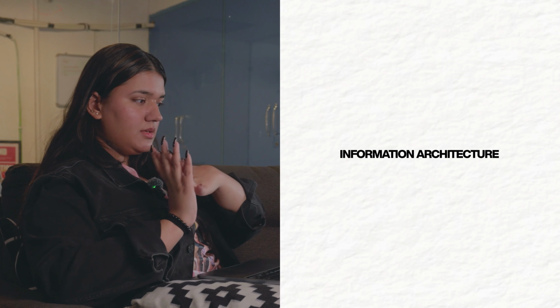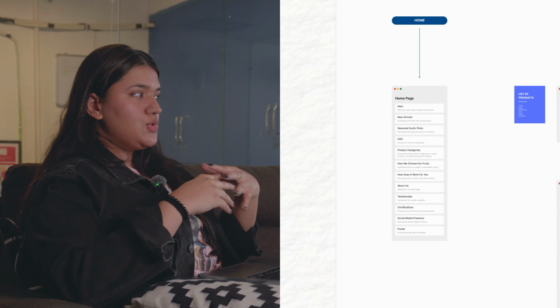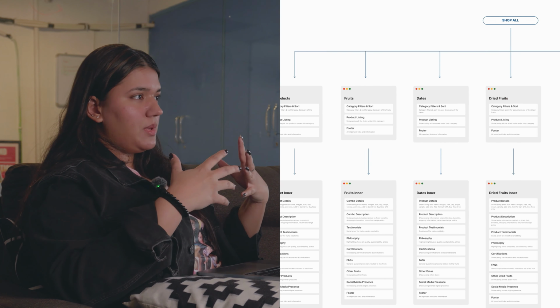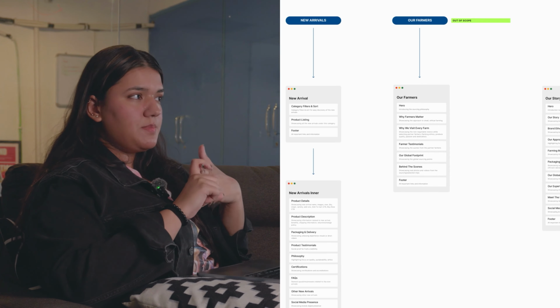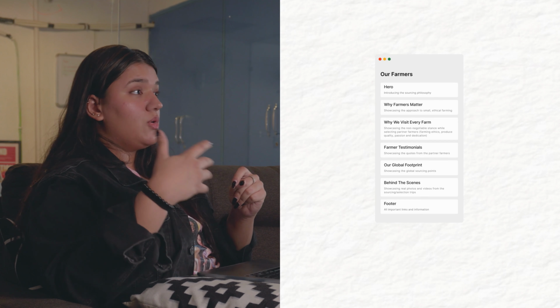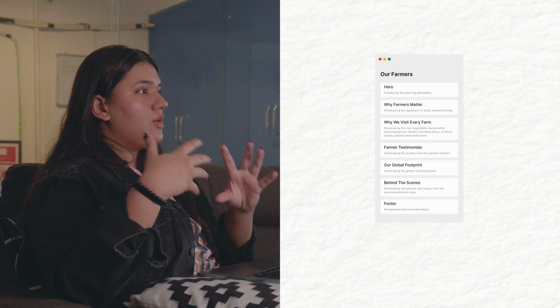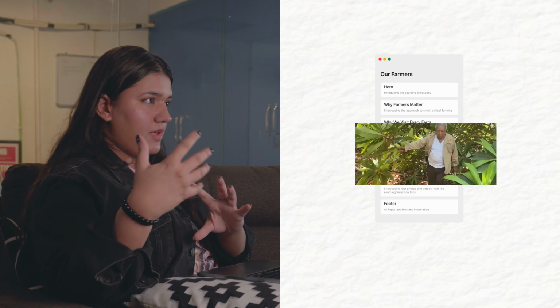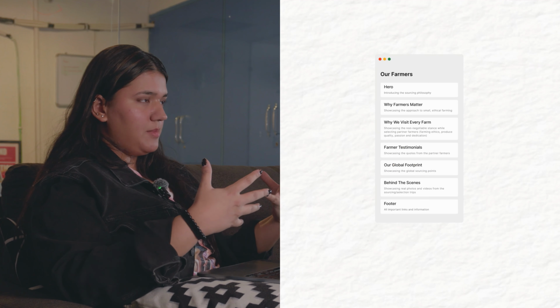We organized everything by user intent from discovery to purchase, creating clear pathways for all our users. We also included new pages on the website. These pages include our farmers page that talks about authenticity and how we select our farmers, how we partner with them, how we make sure the wages are very fair, and how we make them a part of the Jurassic family.